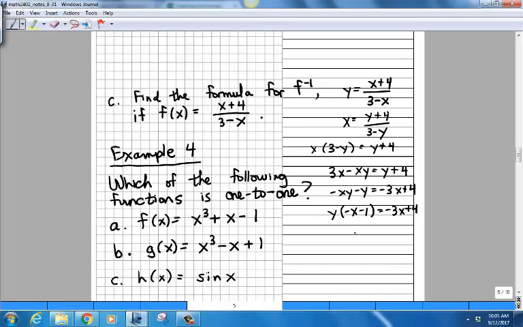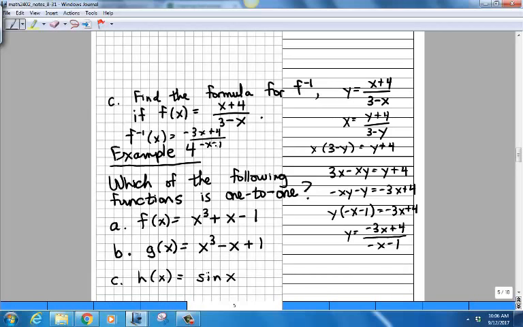Perfect. And then you just divide both sides by negative x minus 1. So then you get y is equal to negative 3x plus 4 over negative x minus 1. And there it is, right? Nice, okay. So there's your formula for the inverse function. It just ends up being minus 3x plus 4 divided by minus x minus 1.